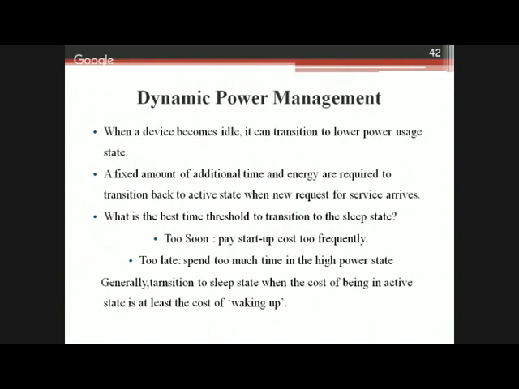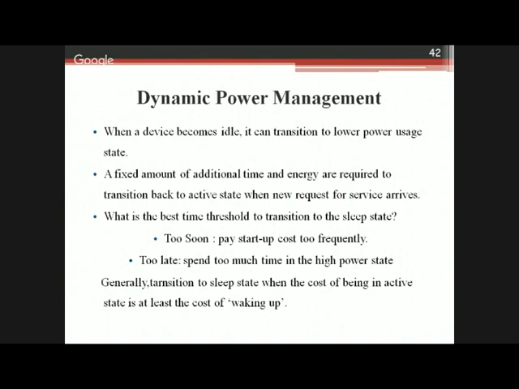Second, a fixed amount of additional time and energy is required to transition back to the active state when new requests for service arise. But when is the best time to transition to the sleep state? Too soon: if you do that very quickly, right at the start, then you have to pay the startup cost too frequently. The startup cost is going to increase.